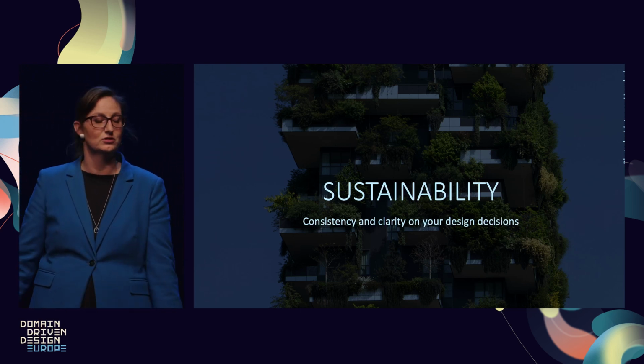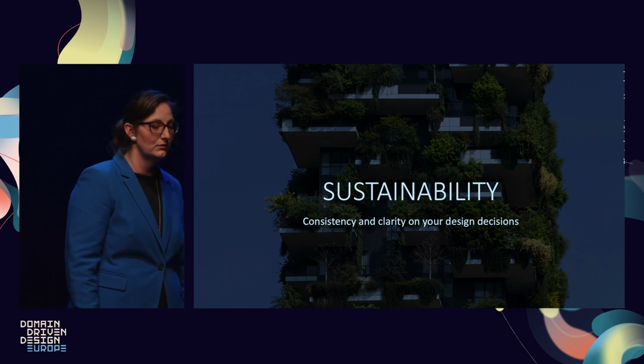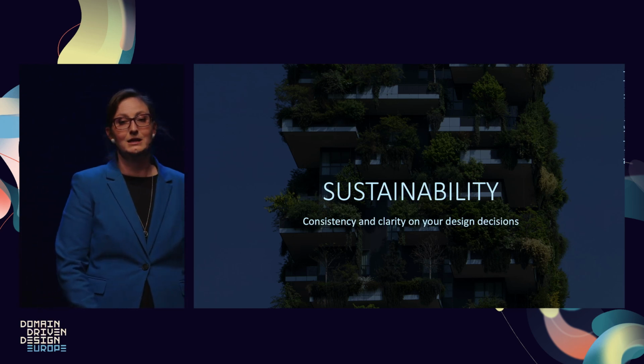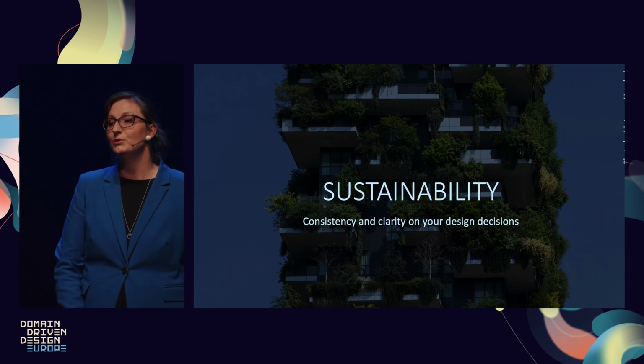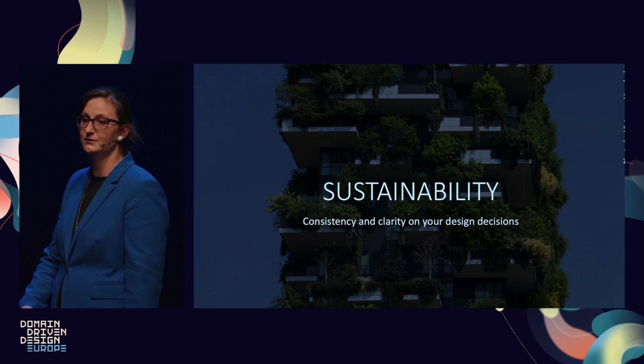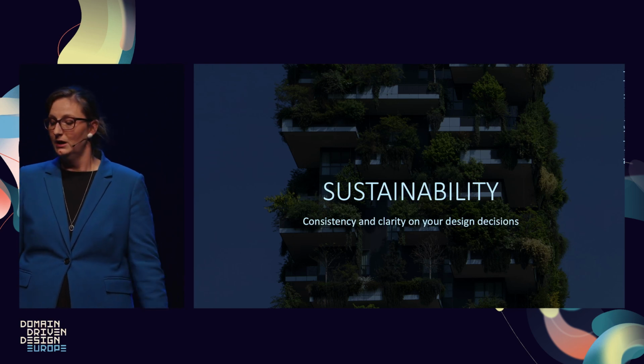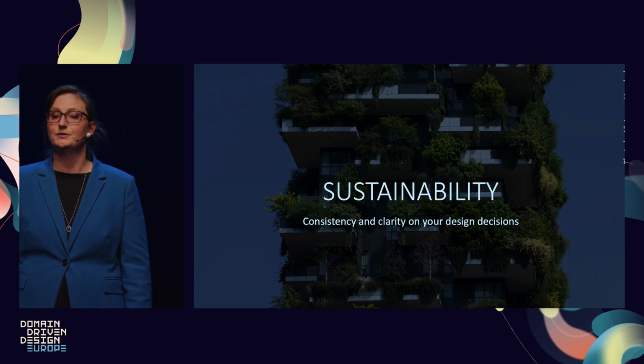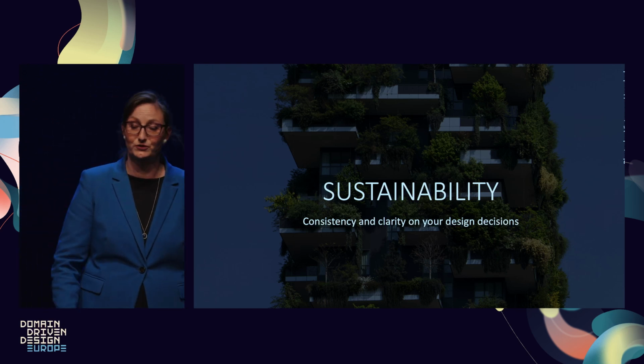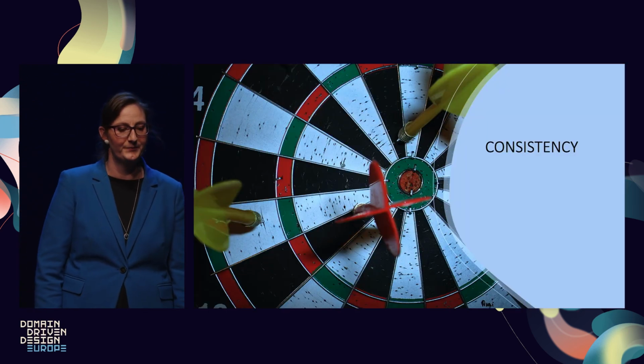I mean that we want consistency and clarity in our design, but also in our design decisions. How do we reach that design? We also want to be consistent in that, and we want to understand what's going on. So that is sustainability for me.